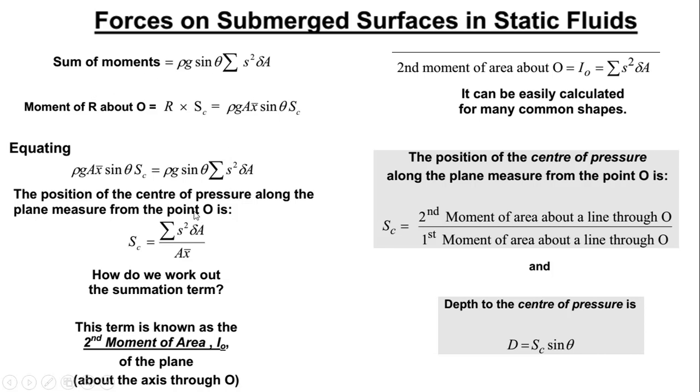What we are going to do is find SC, because that's the unknown that we are looking for. When we equate these equations, we see that rho g cancels out. Sine theta cancels out. So what remains is summation of S squared delta A divided by A x bar.